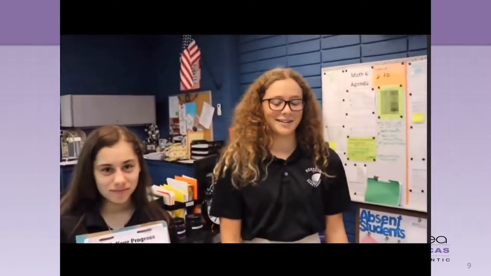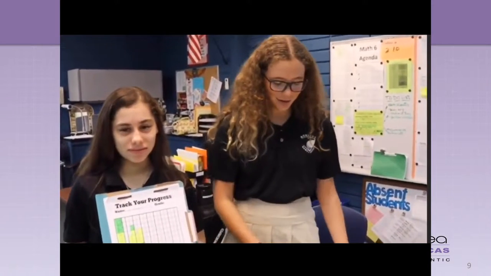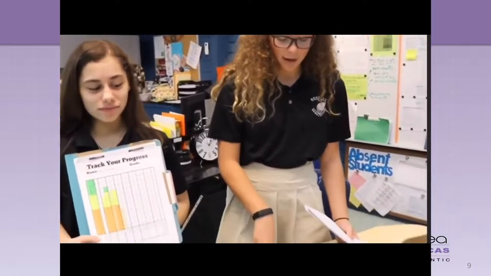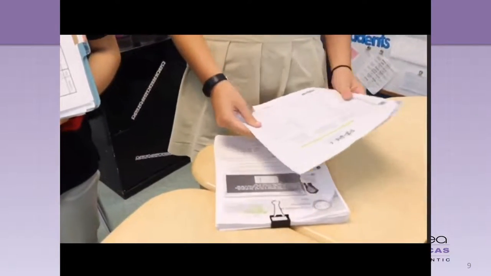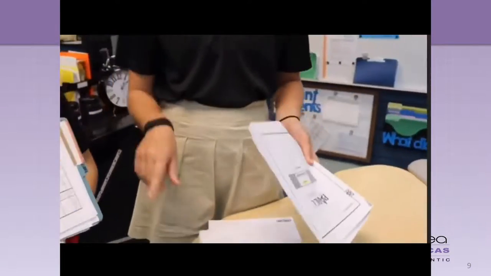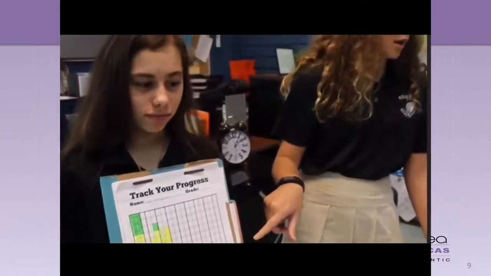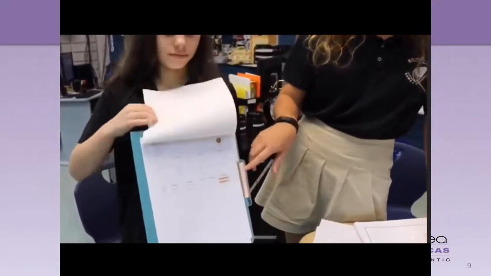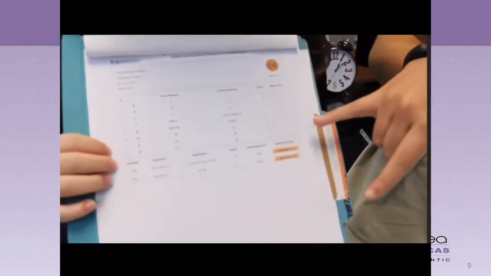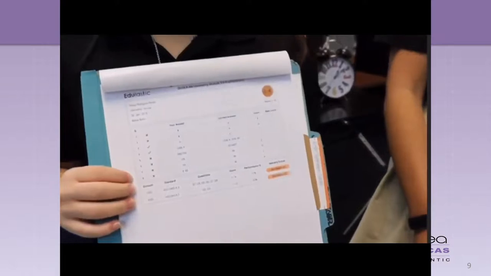We're discussing the data station. The data station is where you perform math problems based on the standards that you need to improve on from either the PARCC test or from the current module that you're working on. You can view what you need to improve on through the chart shown and through this, which shows what you have mastered and not mastered.